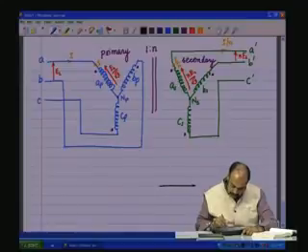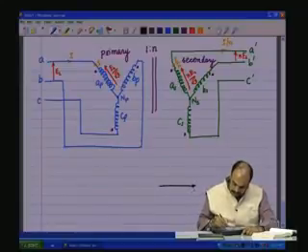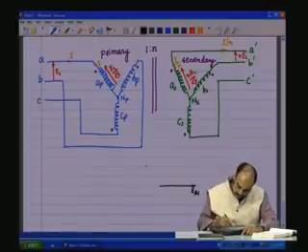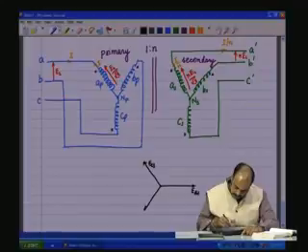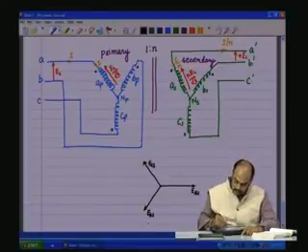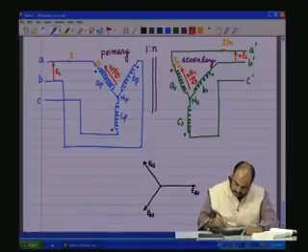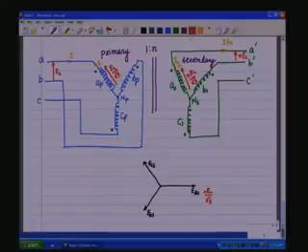We know that this is the phase EAS, ECS, EBS. These are the phase voltages, the coil voltages, and that is N EL by root 3 with respect to the neutral.